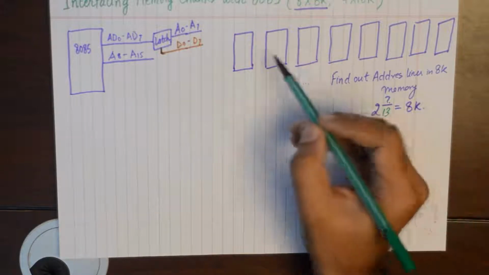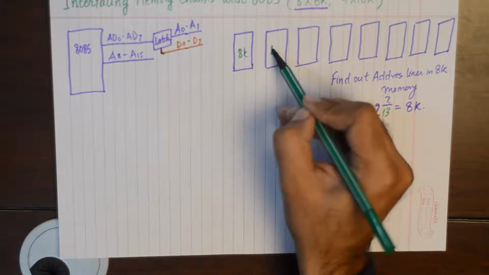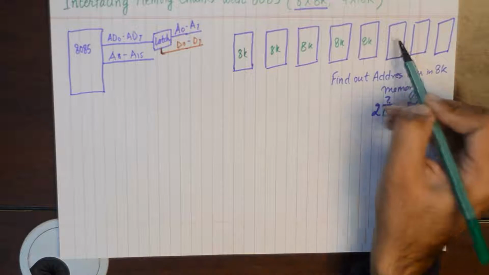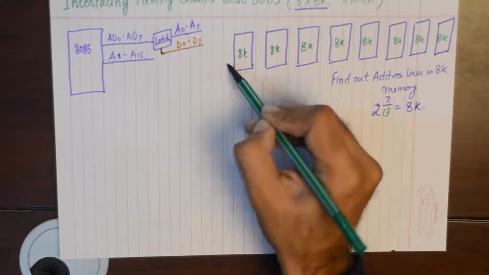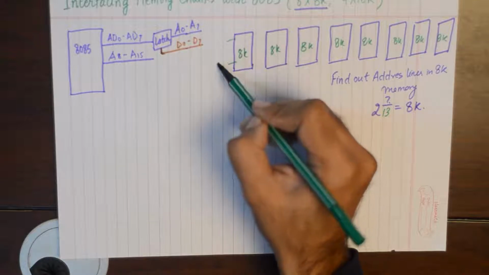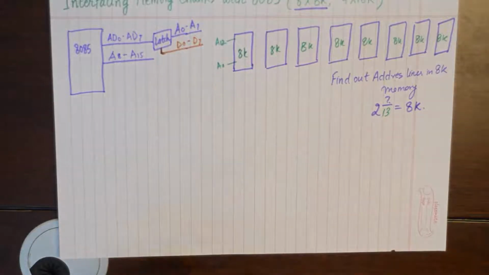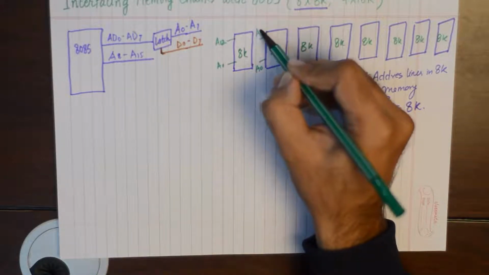So all these memories of 8K are going to have address lines from A0 to A12. That will be the case with each one of them.